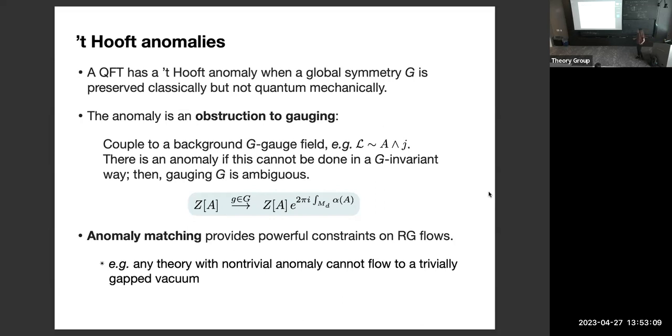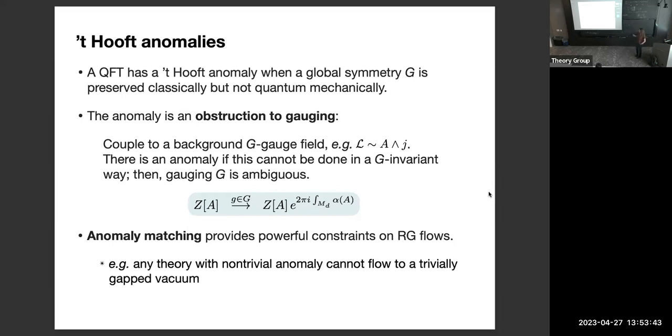And of course, 't Hooft anomalies are really useful because they provide very powerful constraints on renormalization group flows. They're invariant under continuous deformations of my theory that preserve the global symmetry, and so in particular would be invariant under renormalization group flows that preserve the global symmetry. And so this leads to really constraining statements about, for example, IR phases of gauge theories.